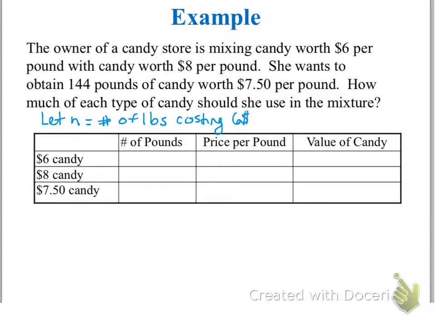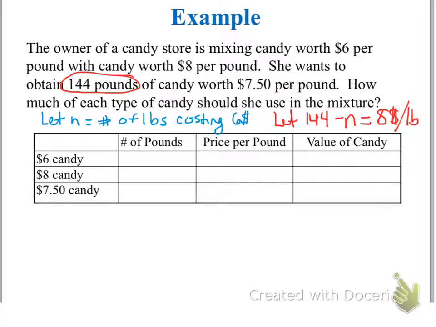And so given the other information that we have, that she wants it to be a total of 144 pounds, we can say let 144 minus n equal the $8 per pound candy.